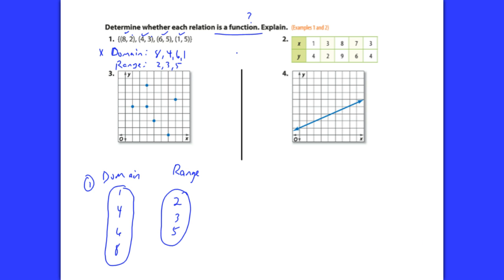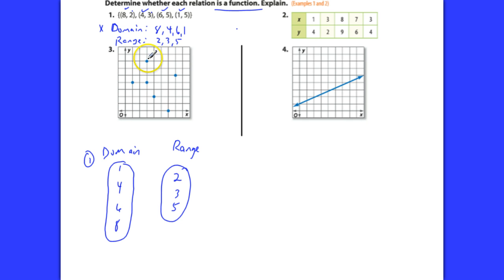Okay, so if I'm going to answer this question, I'll just go in order through the domain. When I had 1, the output was 5. When I had a 4, output of 3. When I had 6, output of 5. And 8 output a 2.